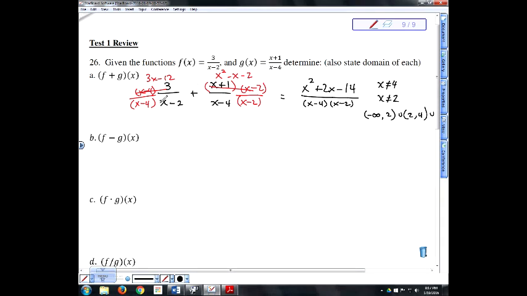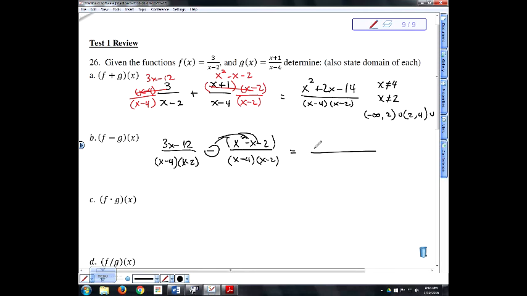All we'd have to imagine now is the plus sign being replaced by a minus sign, so we'd have 3x minus 12 over x minus 4, x minus 2, minus x squared minus x minus 2 over x minus 4, x minus 2. Now collecting the like terms, remember this minus sign has to distribute to the numerator there, so we're going to have negative x squared.